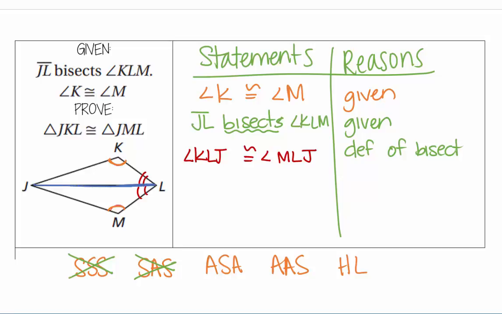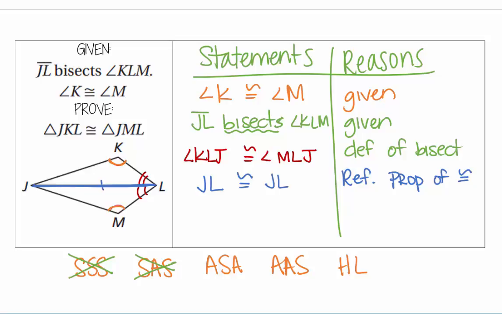So here's this side right here. JL is in both triangles, and we know JL is congruent to JL by the reflexive property. Reflexive property, I need that word in there, of congruence. Make sure you're careful with that. I know IXL gives you reflexive property of equality and congruence.